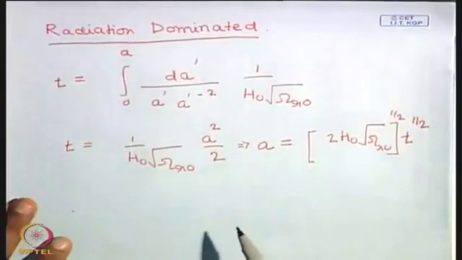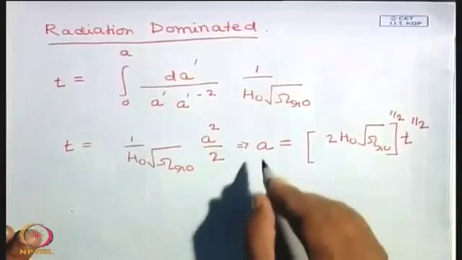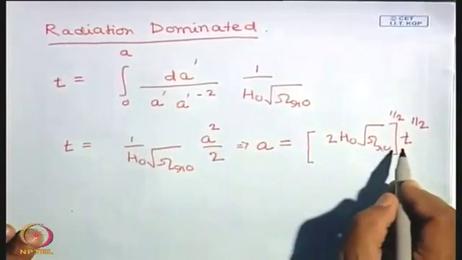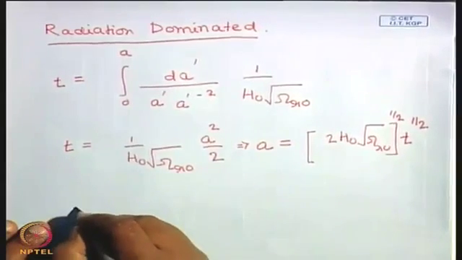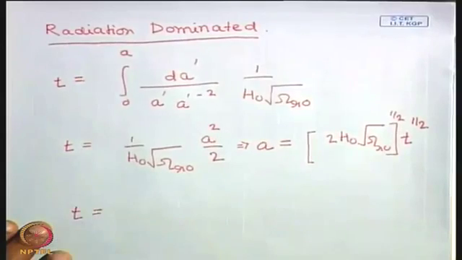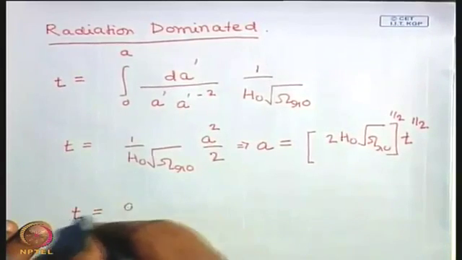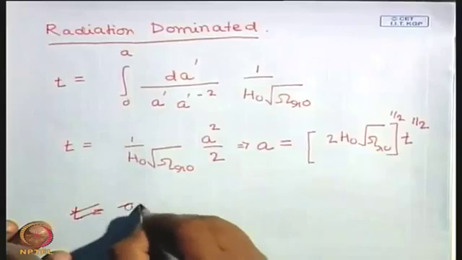So the crucial point is that for this model the scale factor is proportional to t to the power half. The Hubble parameter at any instant of time is a dot by a.